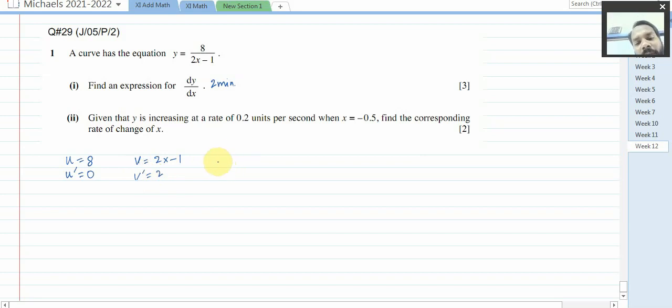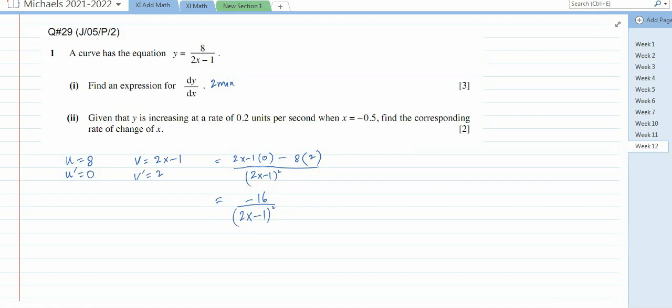Since it's u upon v, in the denominator it's v squared, (2x minus 1) whole squared, times v, 2x minus 1, times the derivative of u, which is 0, plus minus u, that is 8, times the derivative of v, which will be 2 only. Right, so that is minus 16 divided by (2x minus 1) whole squared.